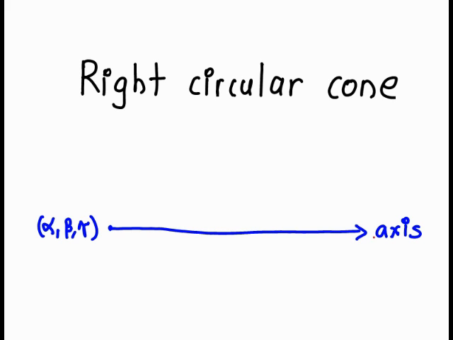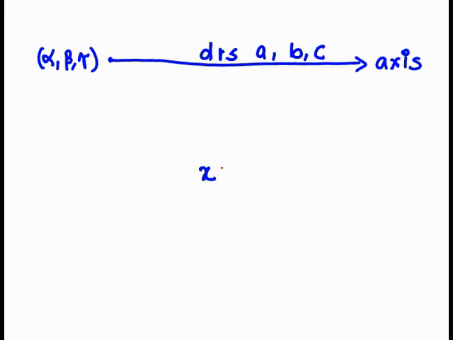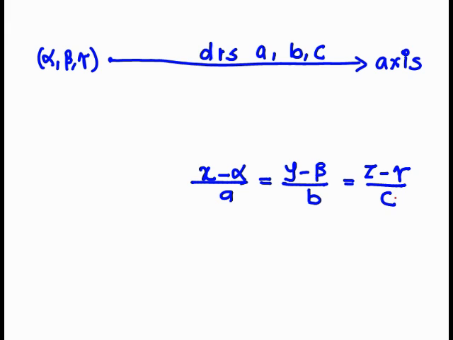The DRs of the axis are A, comma B, comma C. And if the DRs of the axis are A, B, C and alpha, beta, gamma is the vertex, then the equation of the axis is x minus alpha divided by A is equal to y minus beta divided by B is equal to z minus gamma divided by C. So what are x, y, z? x, y, z is then any point on a generator or on a curve.